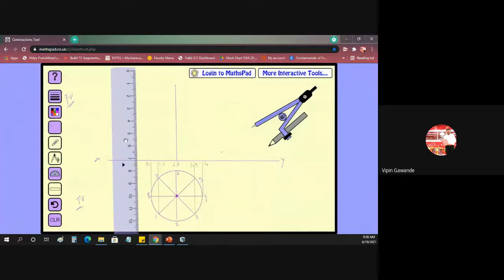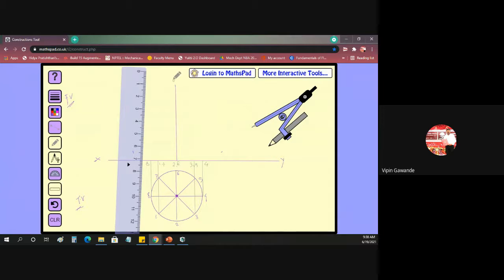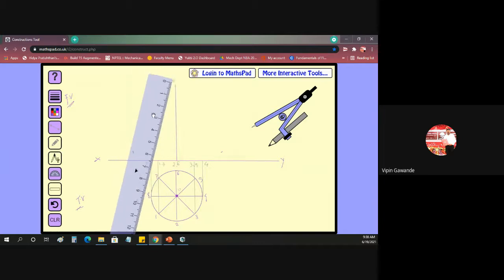Now we'll name the apex as the point O. We know that the front view of the cone is a triangle. So you draw the line here.